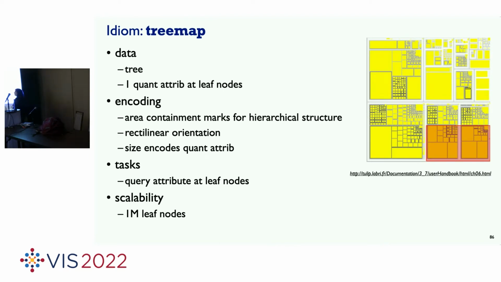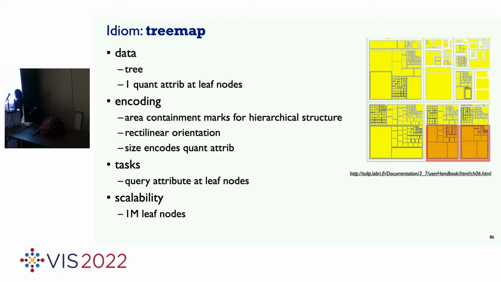What is another way to draw a tree? Well, we can use enclosure marks rather than connection marks, and let's think about what that's good for. So with the tree map algorithm, we not only think about having a tree, but we think that at each of the leaf nodes, we have an attribute that we want to encode.